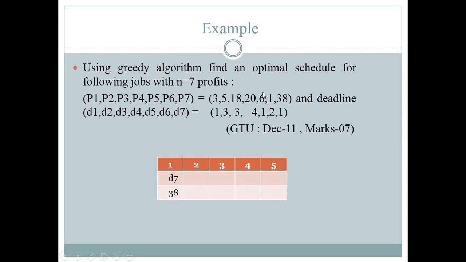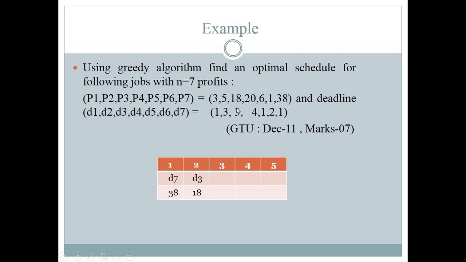Okay, so in that case we have to think about which job is best to execute at deadline number 2. I have selected D3 for this 2 units of time, and it will give us a profit of 18.